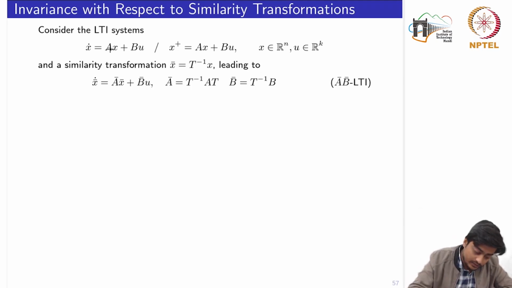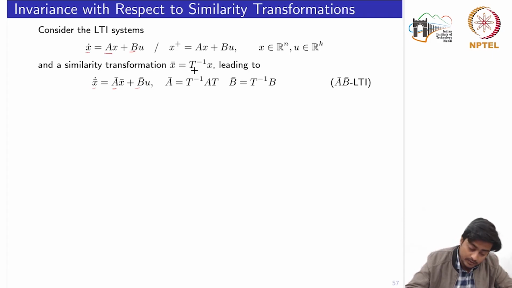Here we have two different representations, A, B and A bar, B bar, and x and x bar. Now we have a similarity transformation related by this T matrix, and the property of this T matrix is that it is a non-singular matrix. So x bar is equal to T inverse x.